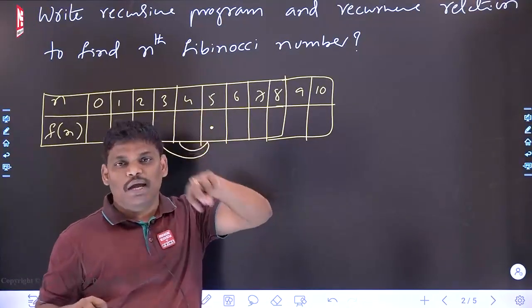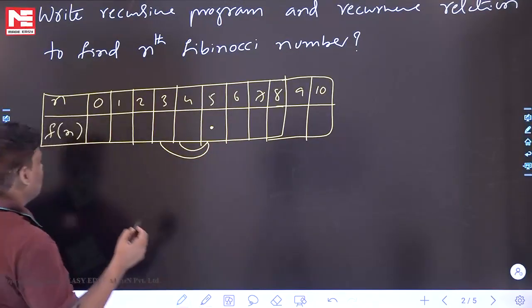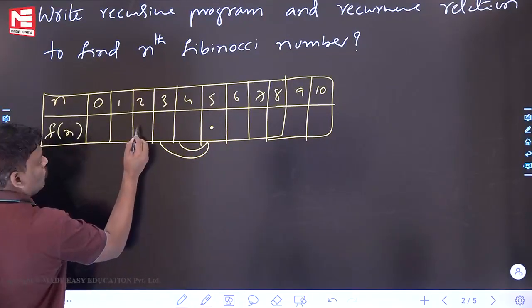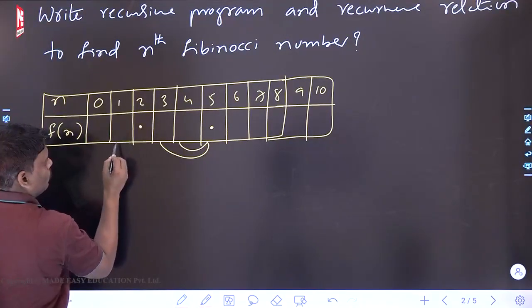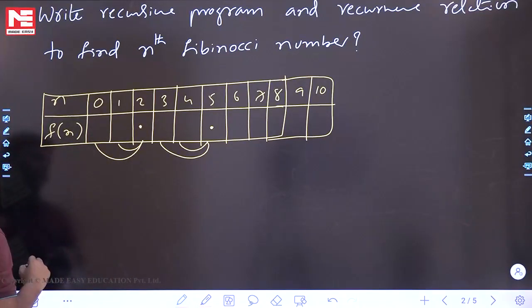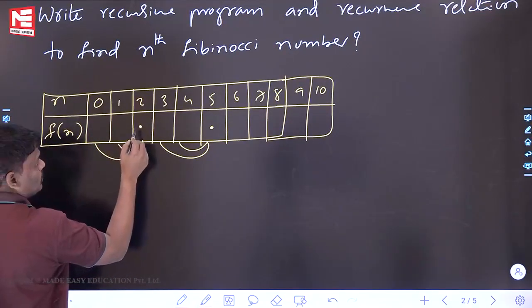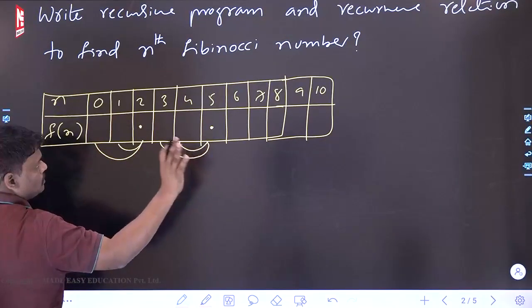If you add the previous 2, you get the next number. That is called the Fibonacci series. In the similar way, how to find the Fibonacci of 2? You add the previous 2 numbers. Now some people are asking: adding the previous two numbers gives the next number, that is fine.